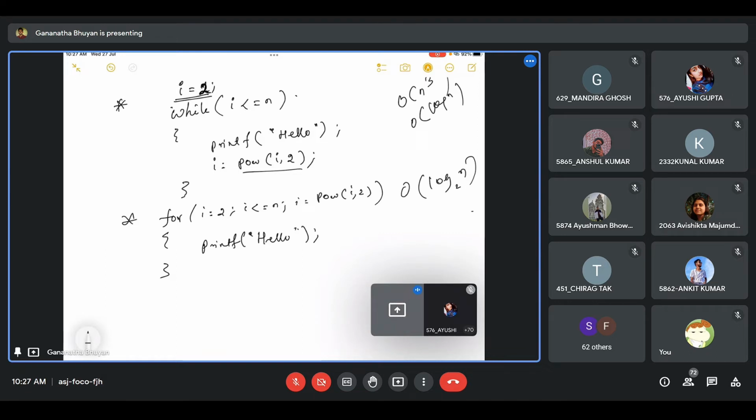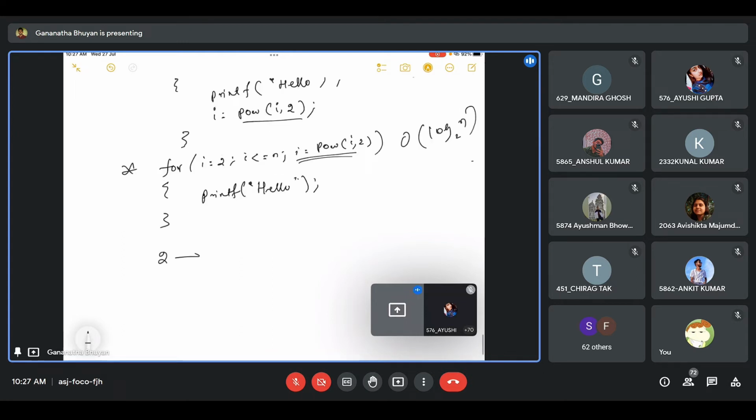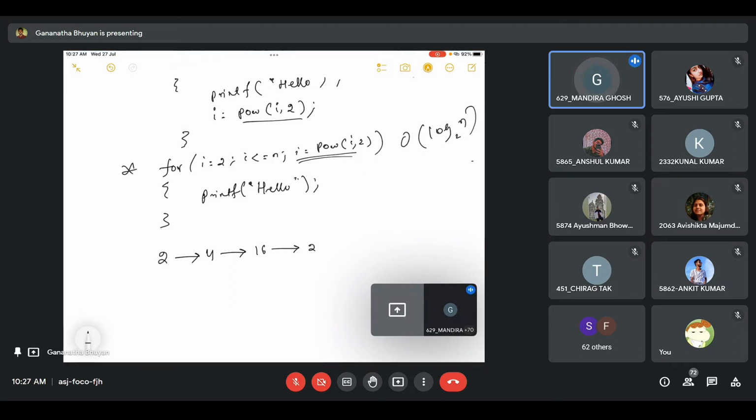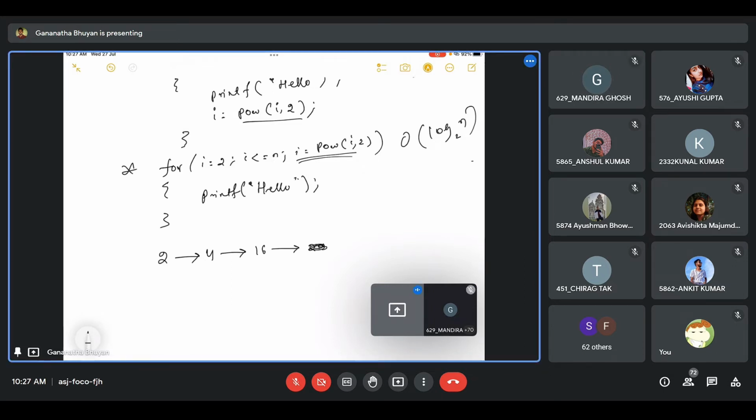ओके, हम देखते हैं। यहाँ पर देखो what we are doing every time, so the i value will be changing like: initially if the value is 2, the next value will be 4, the next value will be 16, then the next value will be 16 into 16, 256, I guess, and so on.